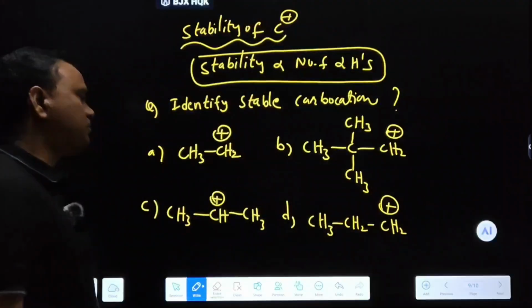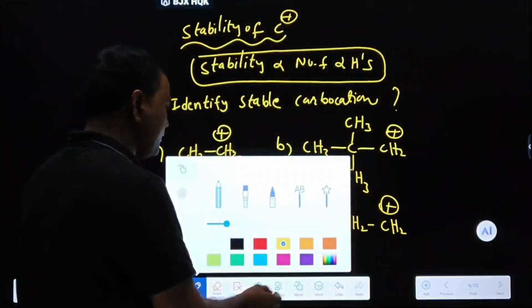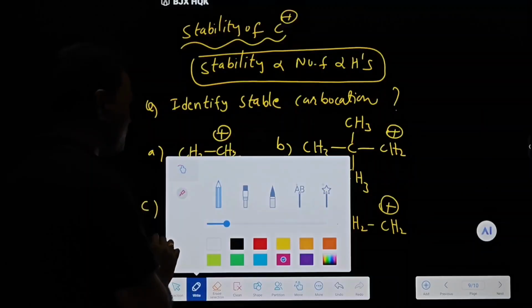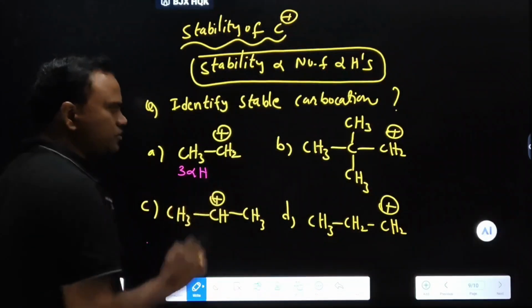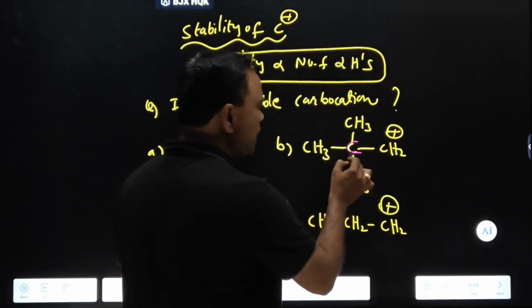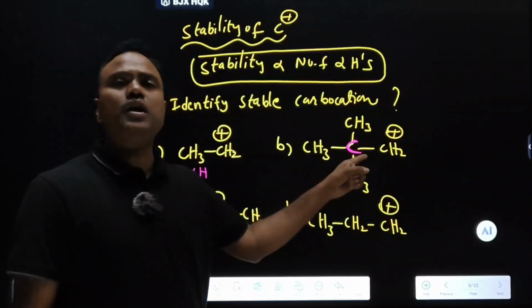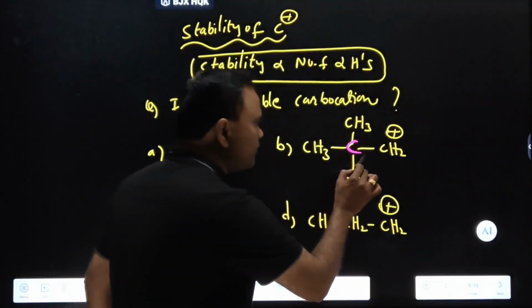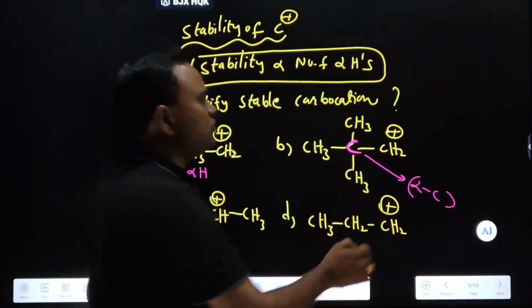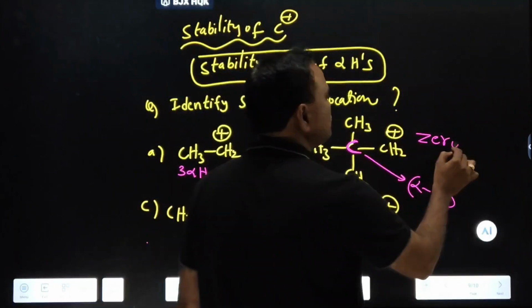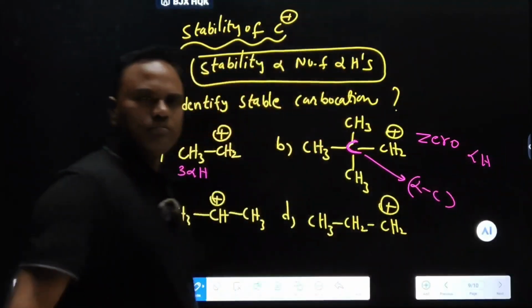Same example as before: which is having more number of alpha hydrogens? Directly we know how to find alpha hydrogens. Here 3 alpha hydrogens are present. Here, this is an alpha carbon, but where is the hydrogen? It is not connected to hydrogen directly. This is also an alpha carbon. Is there any hydrogen on it? No. So 0 alpha hydrogens, so 0 hyperconjugative structures. There is no hyperconjugation. Clear?